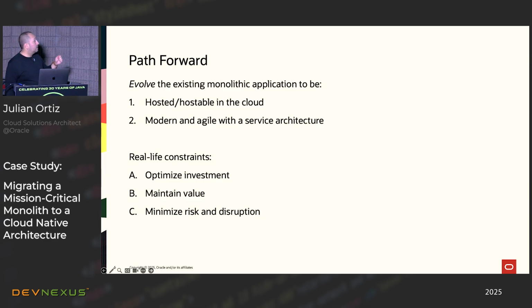Then the last thing is minimize risk and disruption. Imagine that we have a big telco, one that processes millions of orders and transactions per day. And I come in and tell them, hey, we're going to take away everything and deploy a whole new system that does different functionalities.